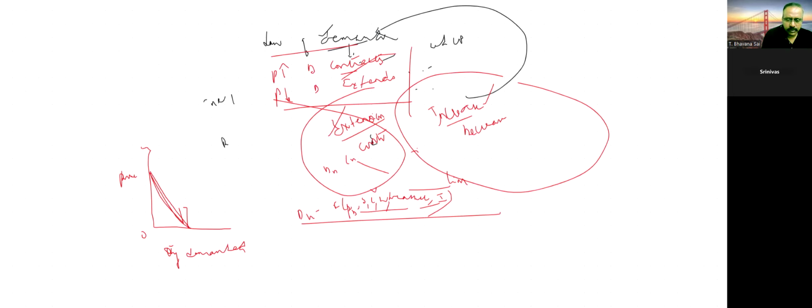But when we come to increase and decrease, separate curves should be drawn. For example, you see this is the initial demand curve. A shift towards the right side of the initial demand curve will be called an increase in demand. And a shift towards the left side of the initial demand curve is called a decrease.